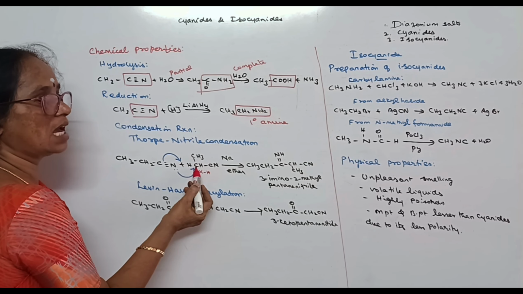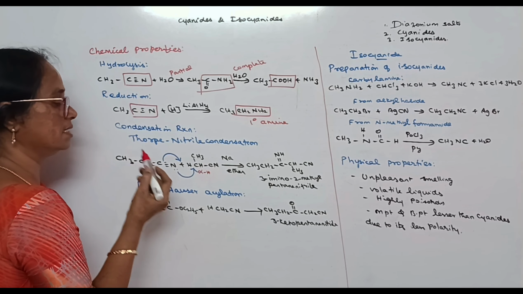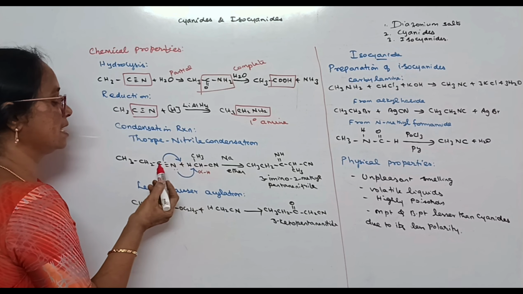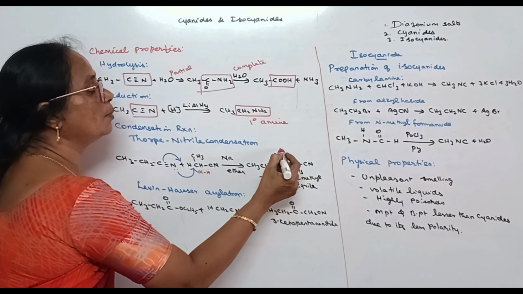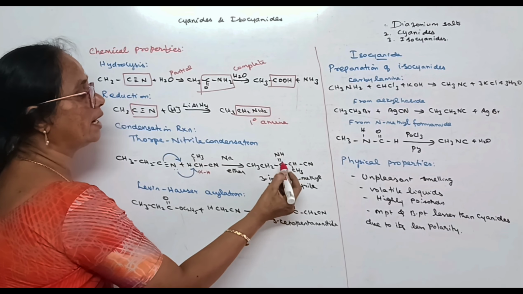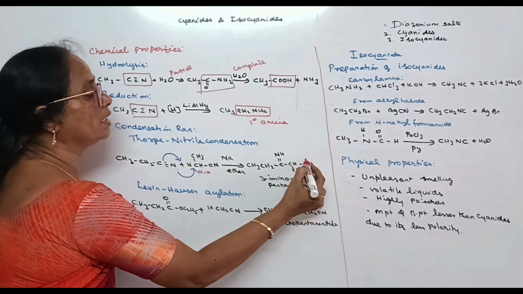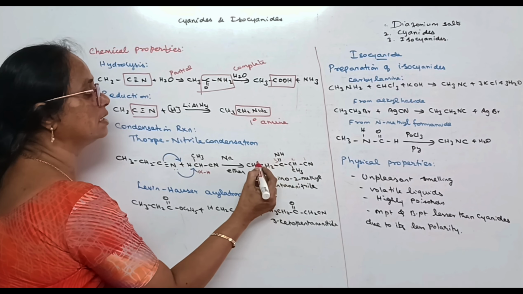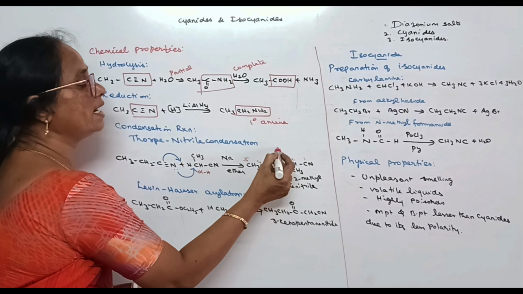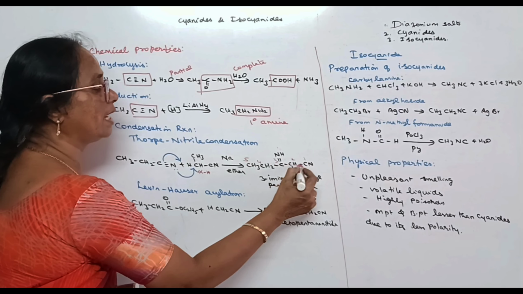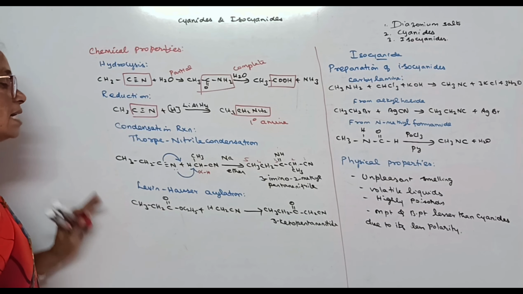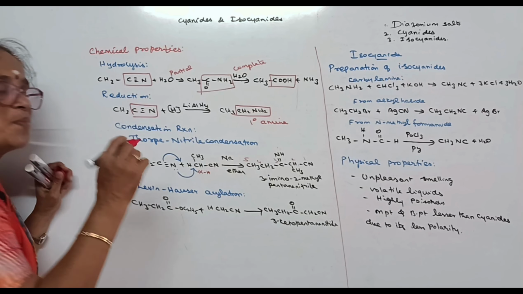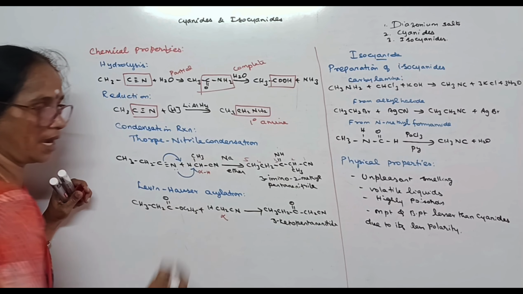Attached carbon is alpha carbon that has hydrogen. So this alpha hydrogen and the CN group get condensed to form C double bond NH. So we will get 3 imino 2 methyl. First position, second position, third, 4, 5. So 3 imino 2 methyl pentane nitrile is formed. So both condensation reactions are possible where the compound is having alpha hydrogen.